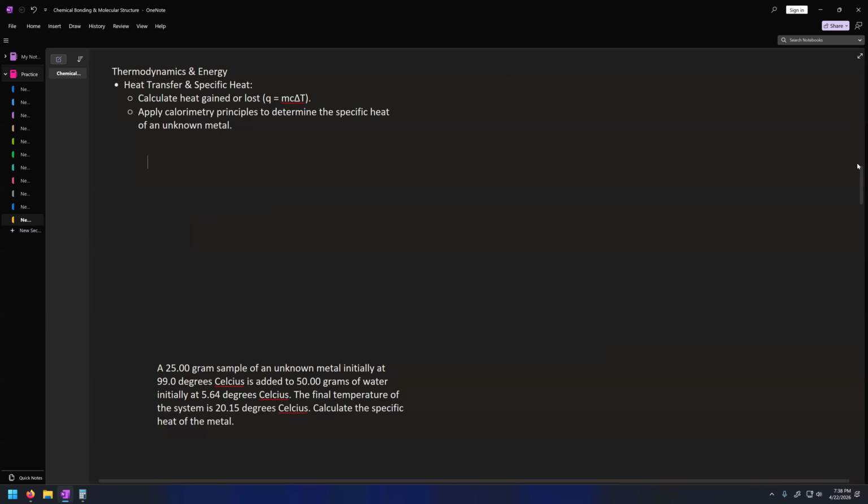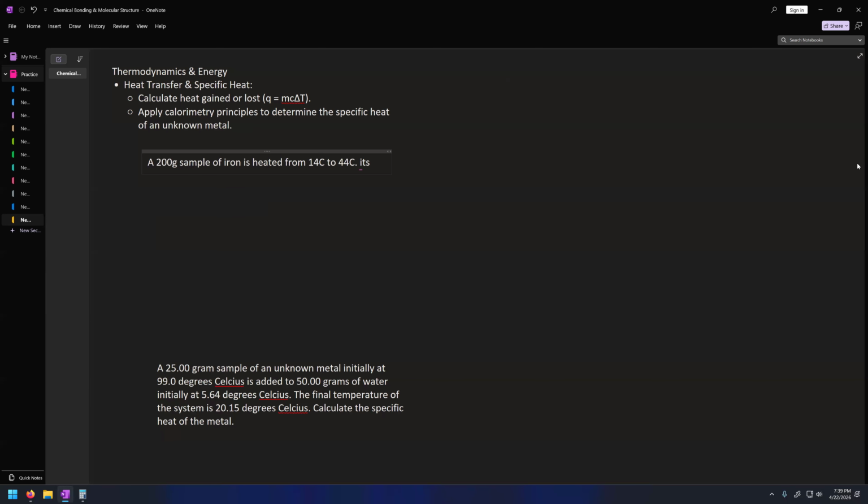Let's say we have a 200-gram sample of iron is heated from 14 Celsius to 44 Celsius.